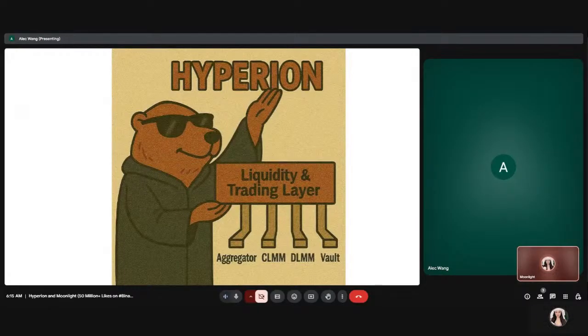And next, we are also curious about some of Hyperion's core product modules. Would you like to walk us through that? Thank you. Sure, I'll try to explain it in plain terms, so that everybody, even if you're not that familiar with DeFi, can have a basic understanding of what we are trying to do.